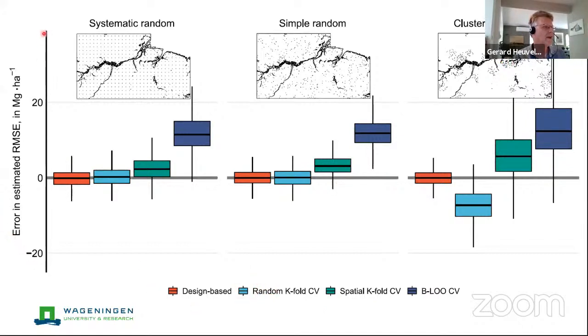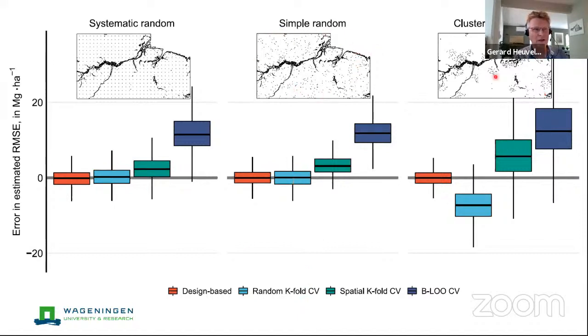On the y-axis of all these box plots is the error in the estimated mean squared error, so we like it to be close to 0. The blue one over here does a really good job. If you have a systematic random sample, a regular sample, then standard random k-fold cross-validation does a pretty good job, and also in case of a simple random sample.